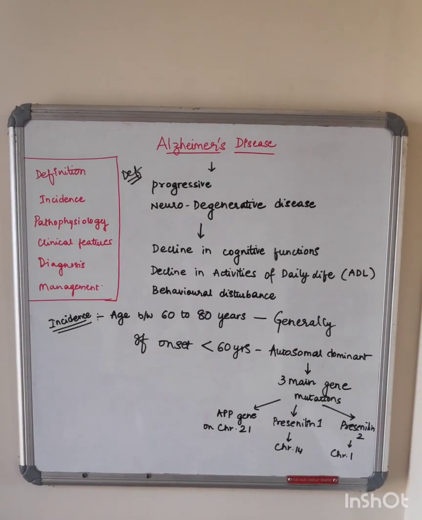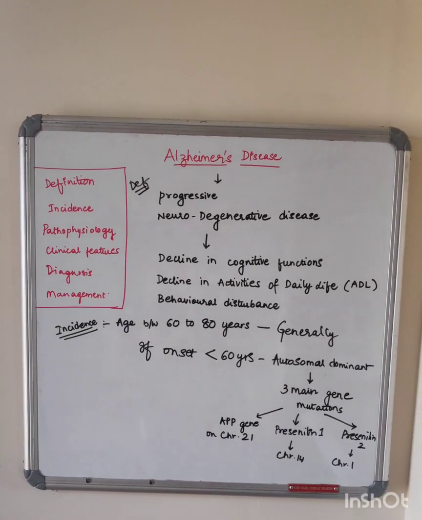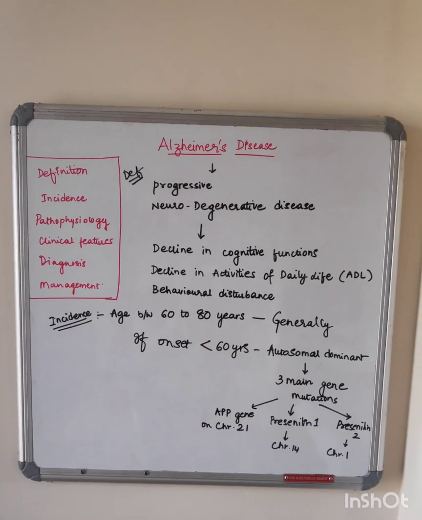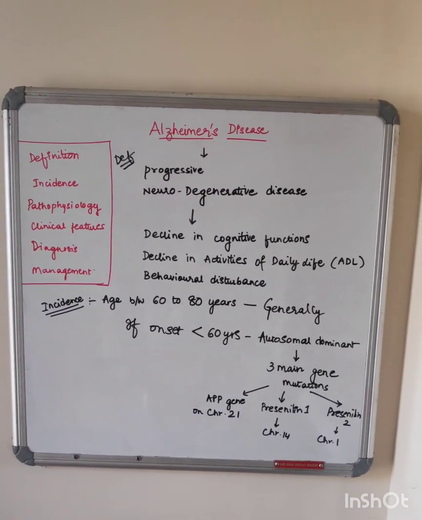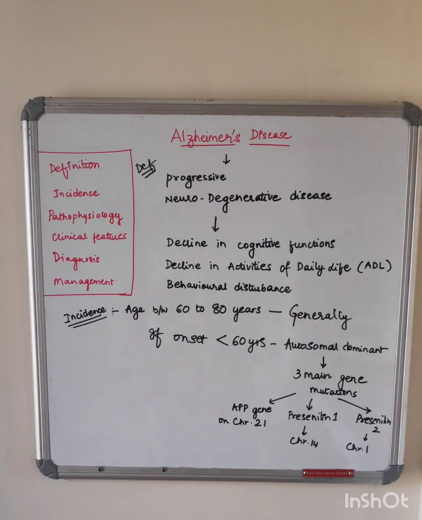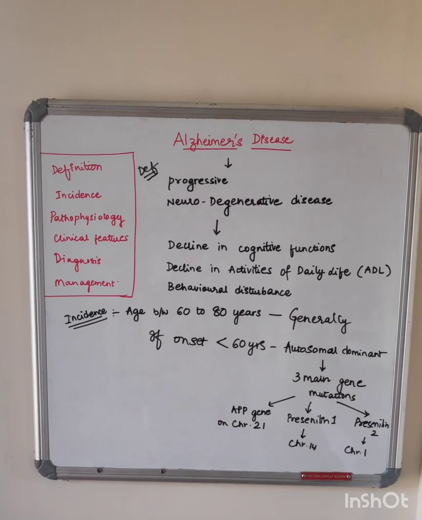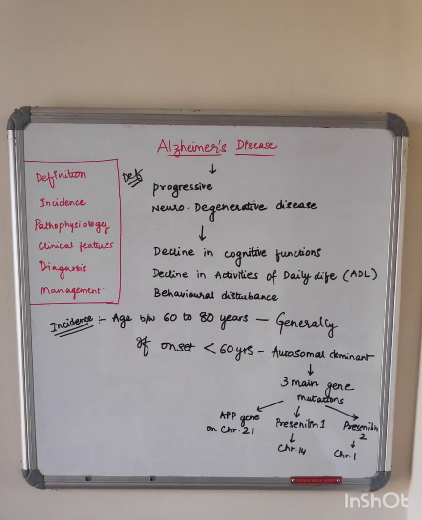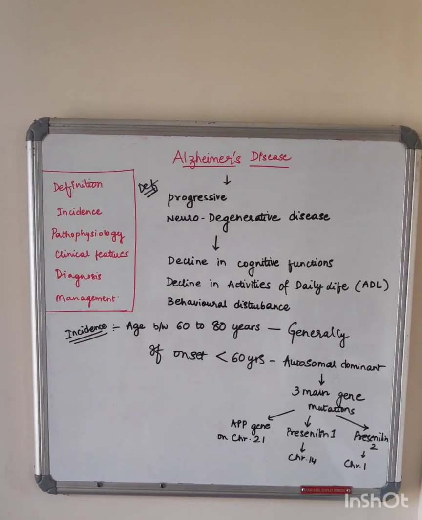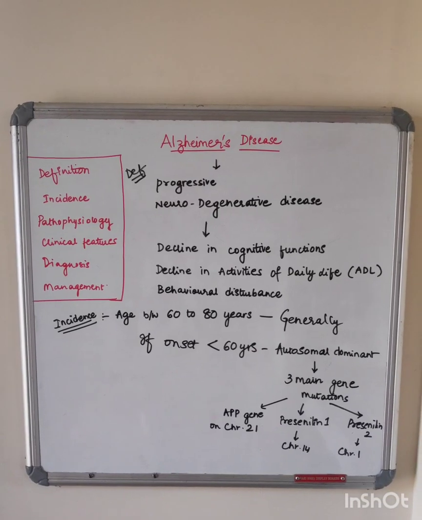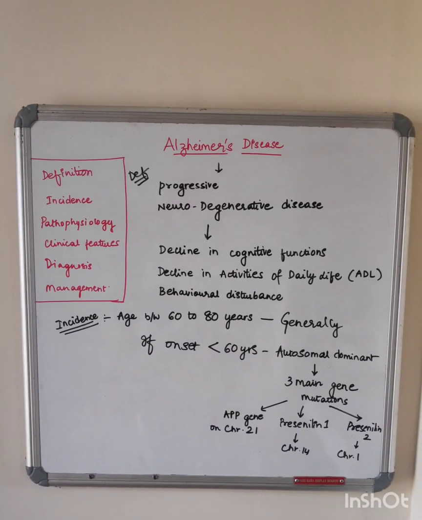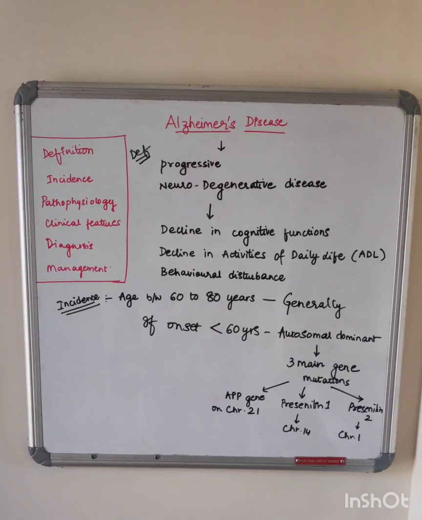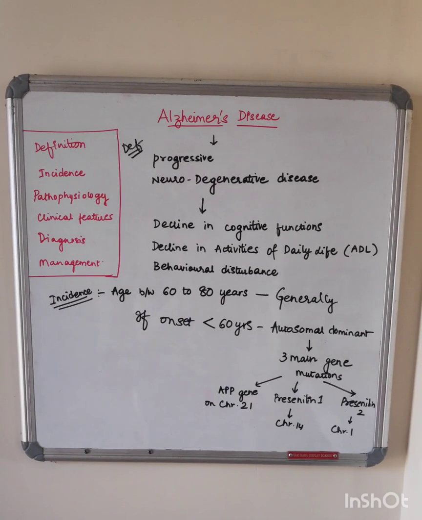Coming to the definition, Alzheimer's disease is never a sudden onset, it's always a progressive neurodegenerative disorder which results in decline in the cognitive functions, which means thinking ability or the ability to take decisions, and decline in the activities of daily life.